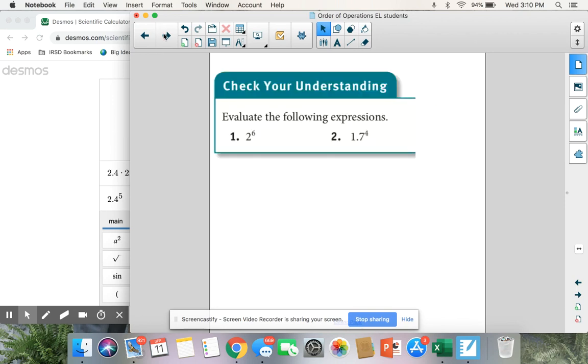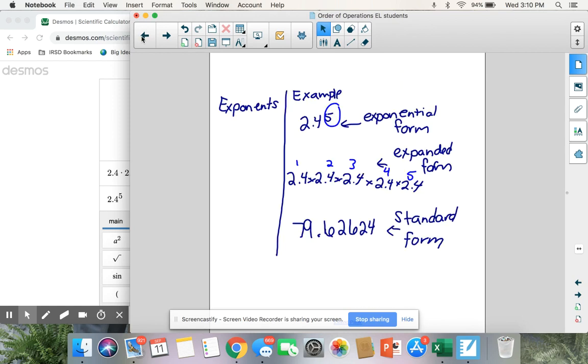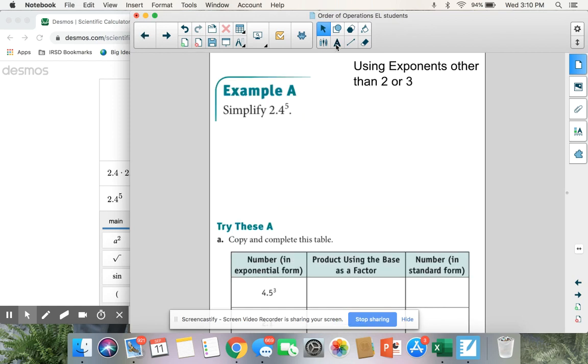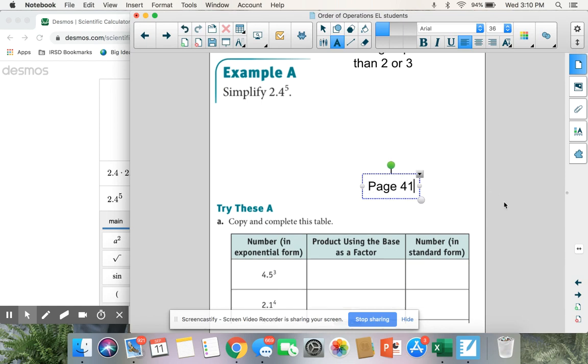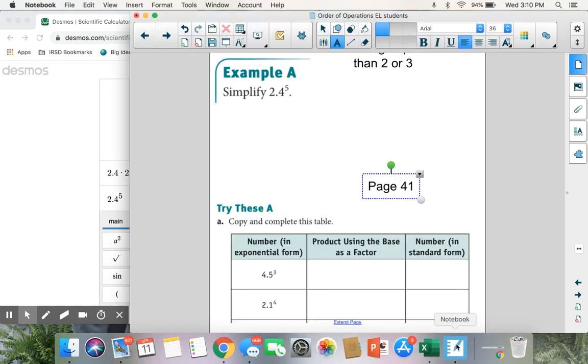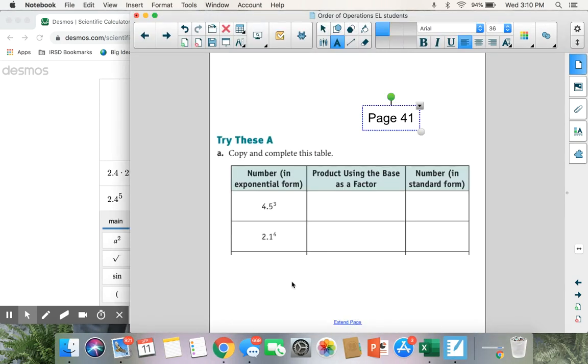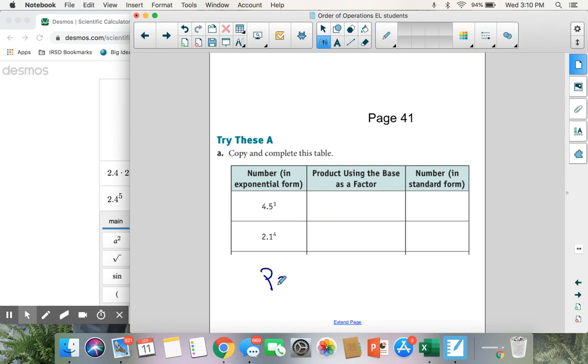So right now I want you to look at page number 41, and I want you to work on the problems here. If you finish early, go ahead and move on. There's a whole other part of the box. But right now, go ahead, pause, and work with your partner.